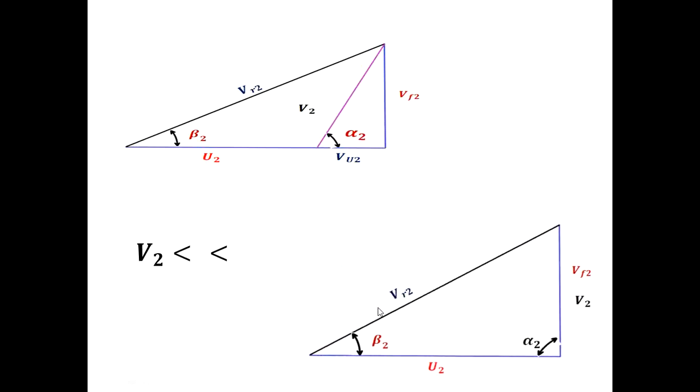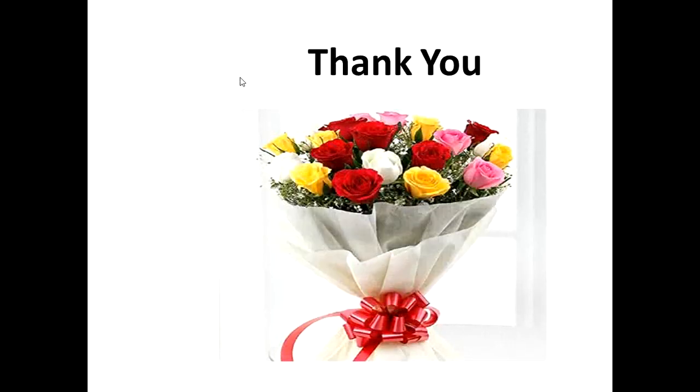Your exit velocity triangle will be drawn like this: VR2, then V2 and VF2, that is axial, coinciding with the axial velocity, and then VU2 will be 0. Keep in mind, already we have derived the equation VU1 U1 minus VU2 U2. In that, VU2 U2 is 0, so nothing will happen to the equation, it will be positive only. Therefore your VU2 will become 0. When VU2 becomes 0, the turbine efficiency will be maximum. Thank you one and all.